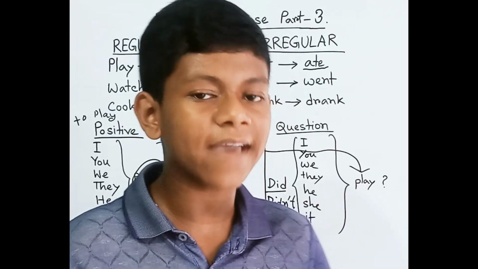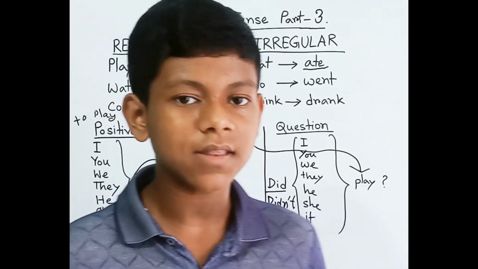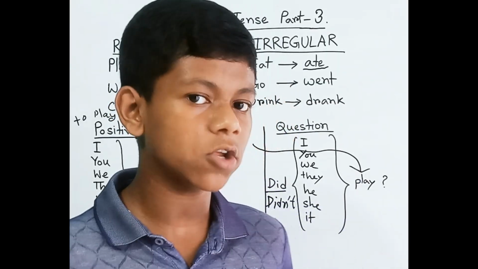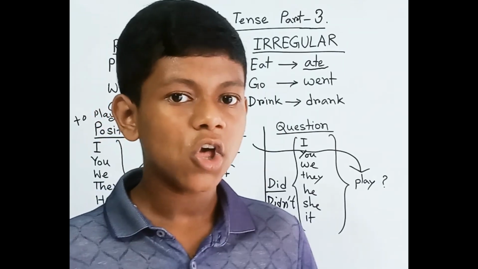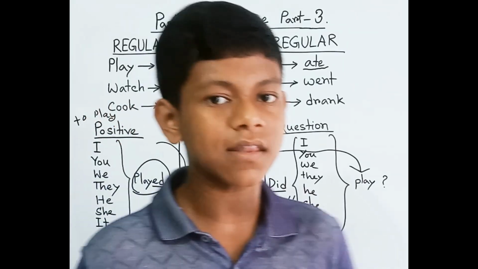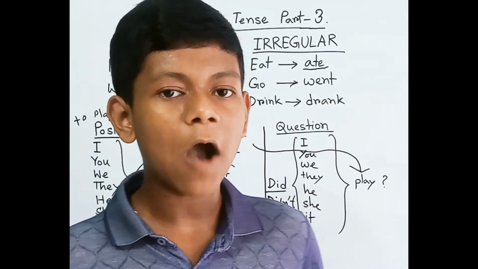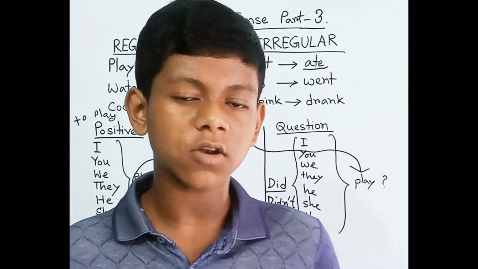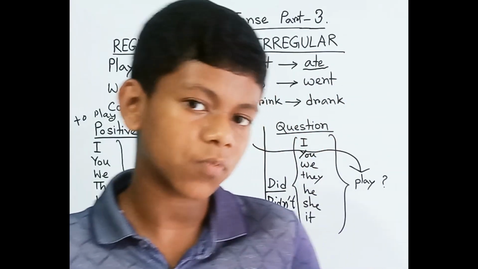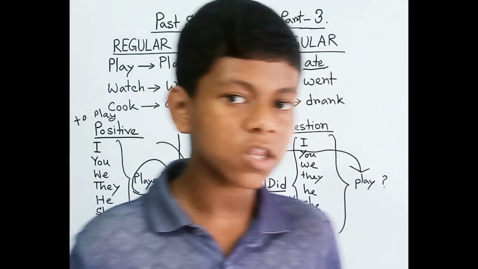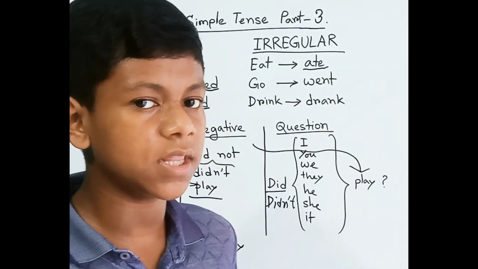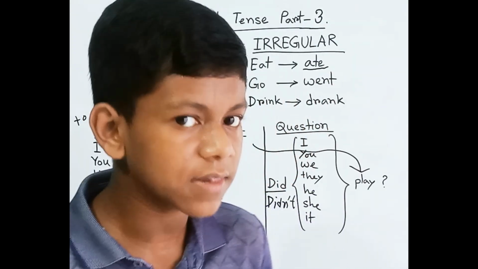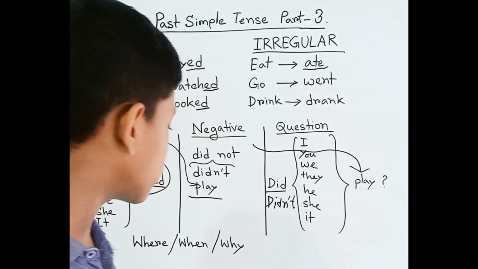Because the action has already happened in that period or time in the past. So it indicates that you didn't play. But how can you ask it with how? Because the action has already been done, so we can transform it with other WH questions during the negative form of question in the past simple tense.